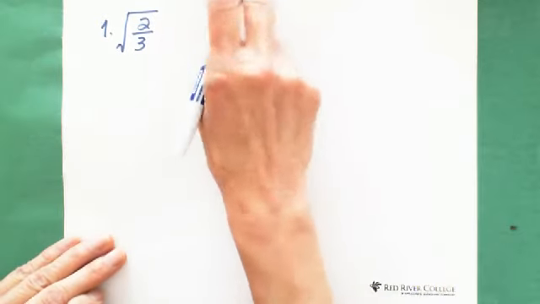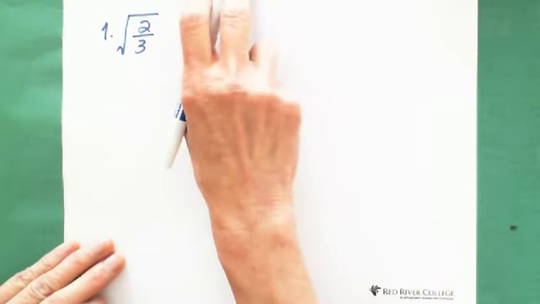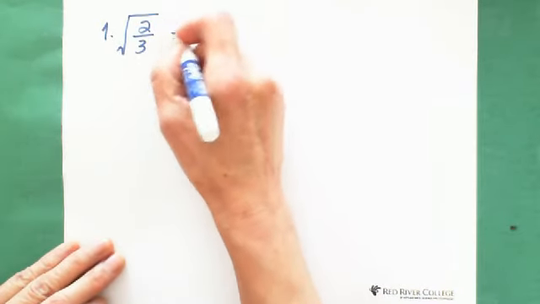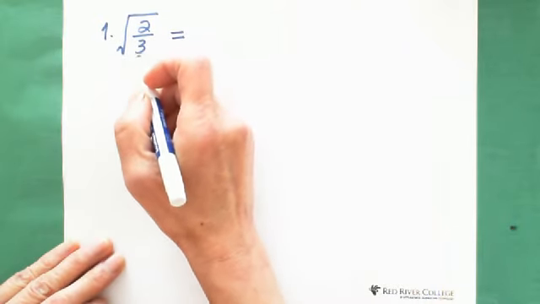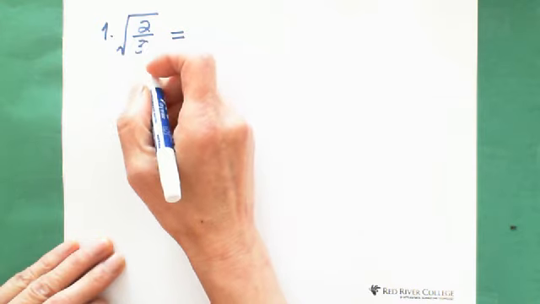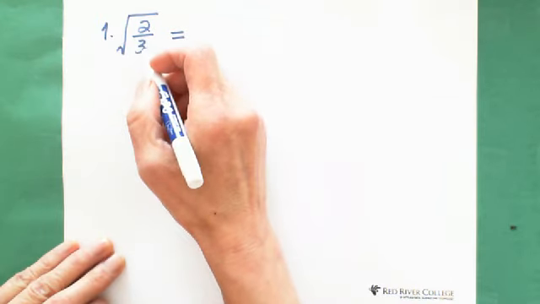To simplify a fraction in a square root, we need to get rid of the denominator. This question has a 3.